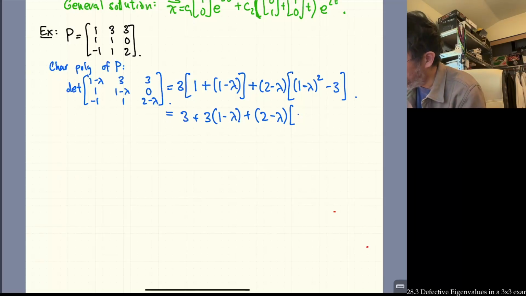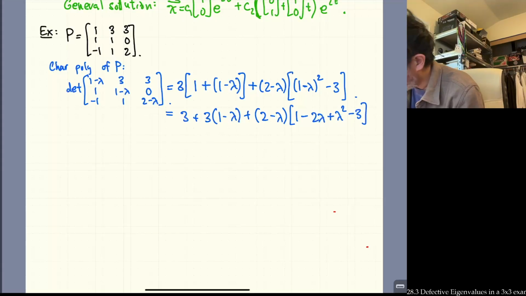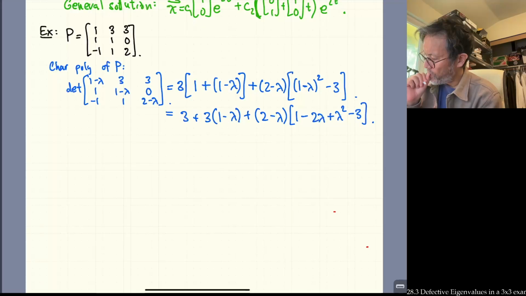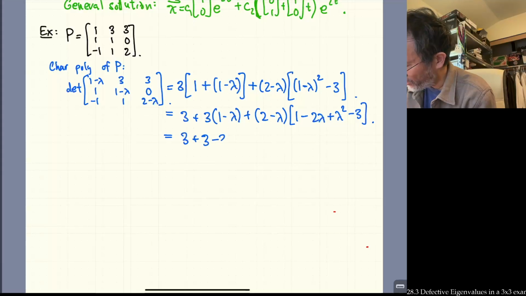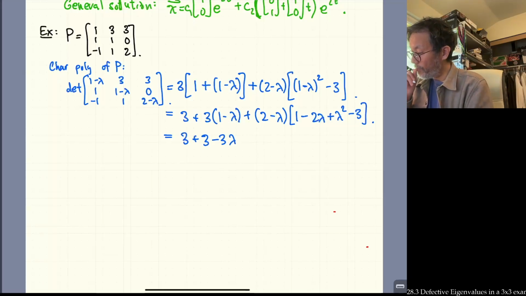If I expand that out, I get 1 minus 2 lambda plus lambda squared minus 3. I think this is the one I really should be expanding out. That gives me 3 plus 3 minus 3 lambda. Oh, okay, something nice does happen there.